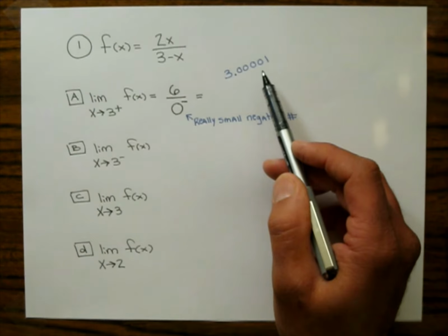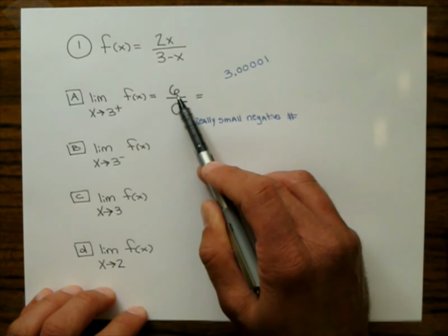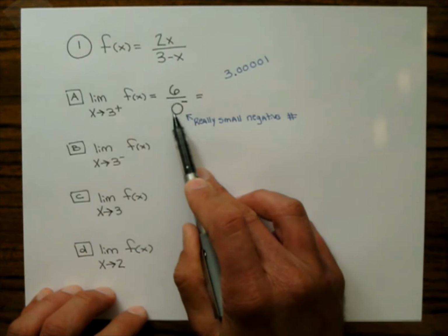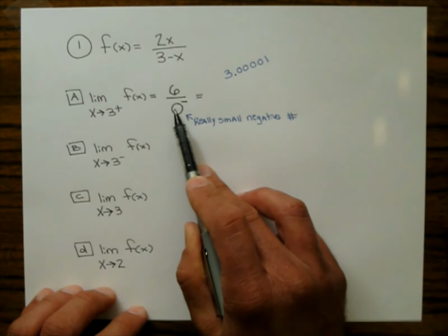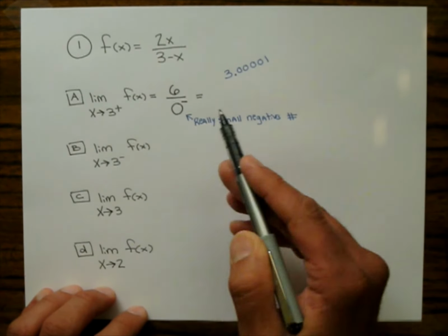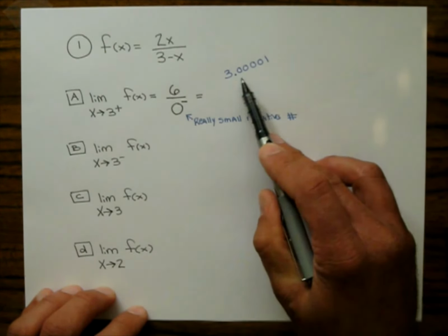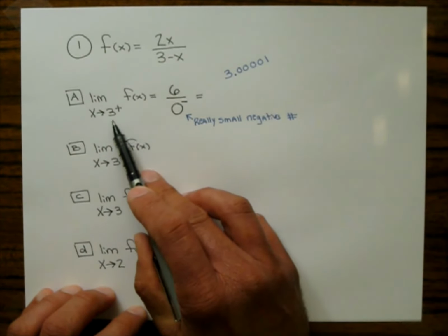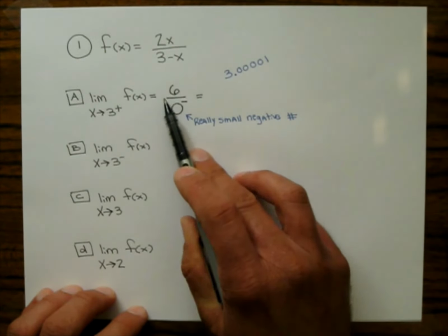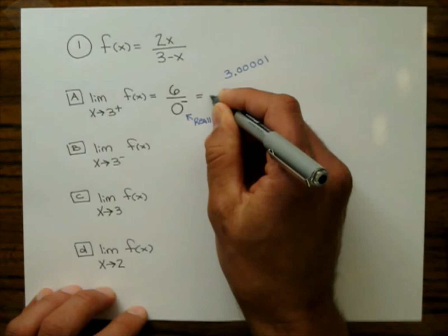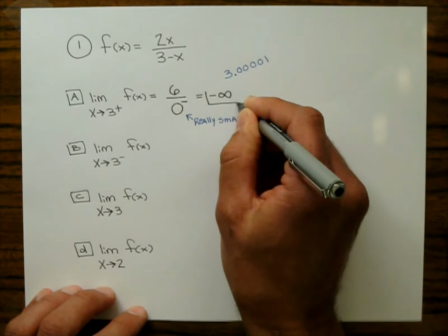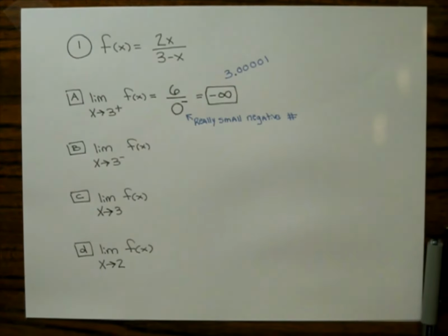And if you divide 6 by a really small negative number, and we want to just get used to this, this is going to give us a really, really big negative number. In fact, the closer you get to 3 from the right, the smaller that is, and the bigger this thing becomes in magnitude. So this is going to go to negative infinity.